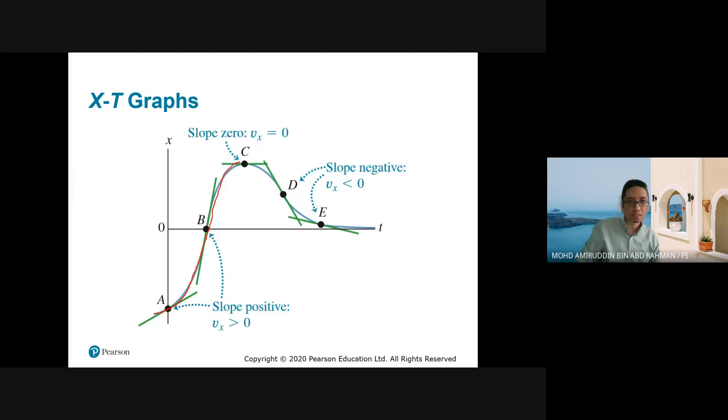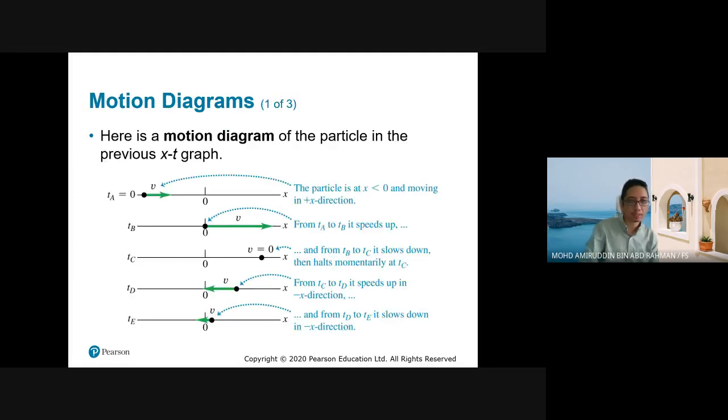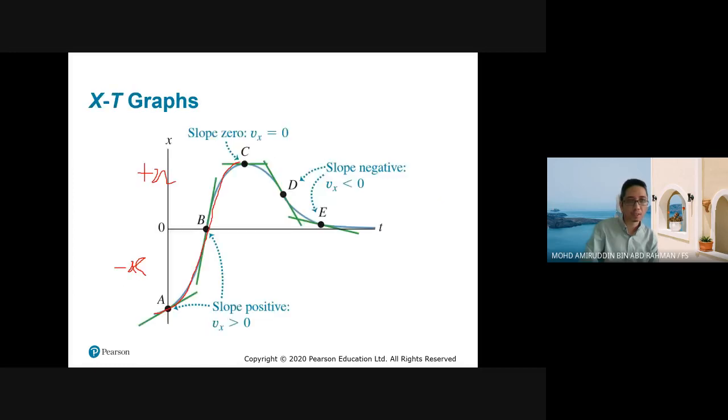As you can see, here is positive x and here is negative x. So that actually interprets this motion diagram, this x-t graph.